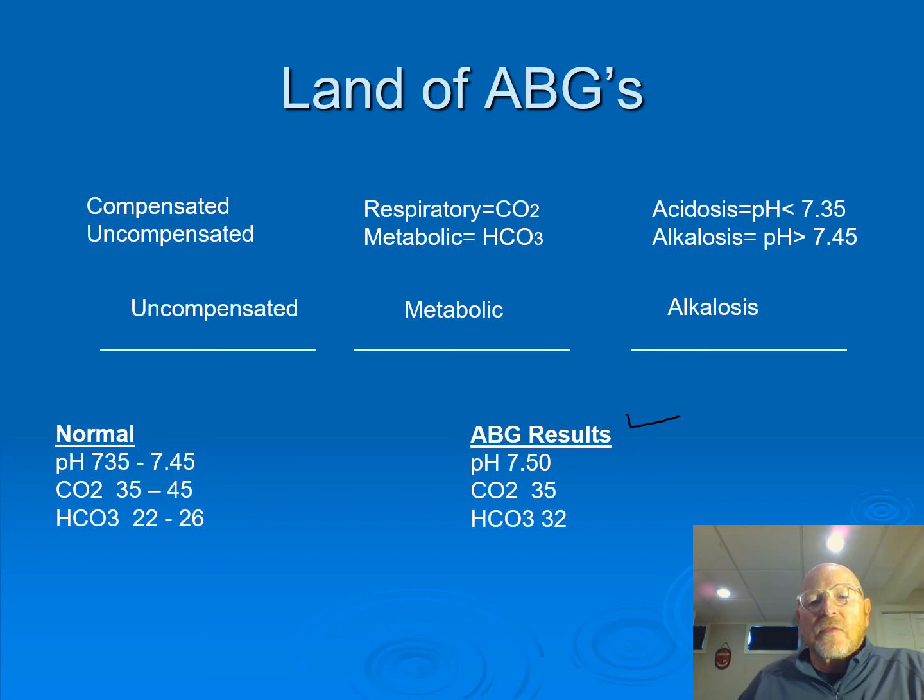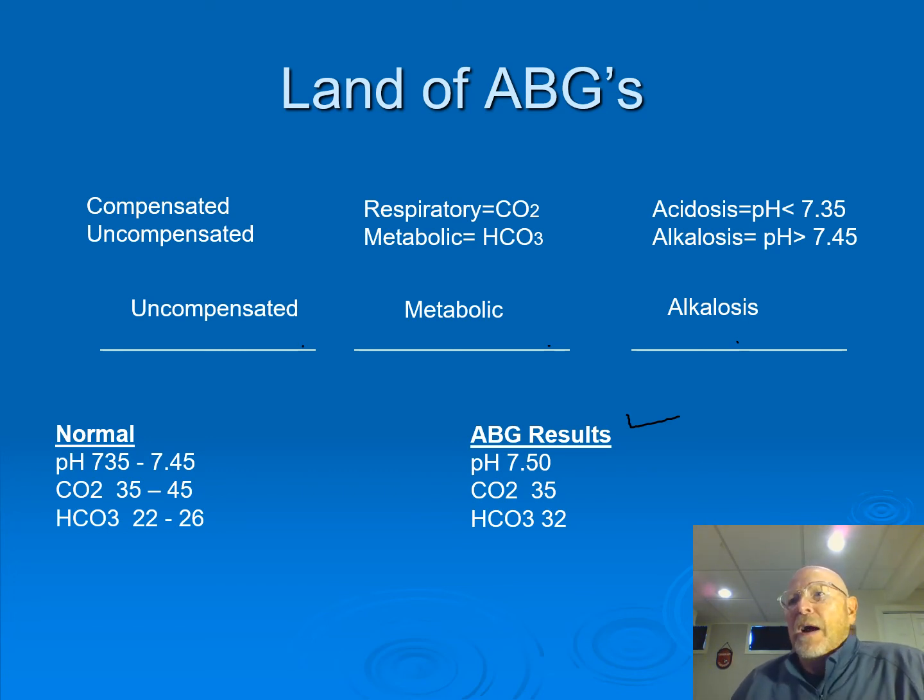What Dr. Valfroio says is that every ABG interpretation is going to have a first name, a middle name, and a last name. The interesting thing about the land of ABGs is that it seems like everybody's related.